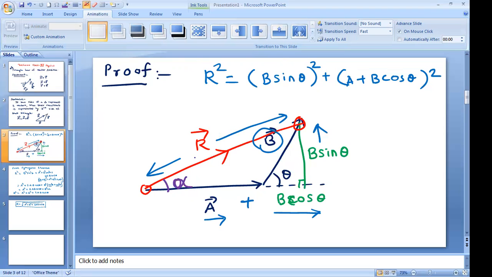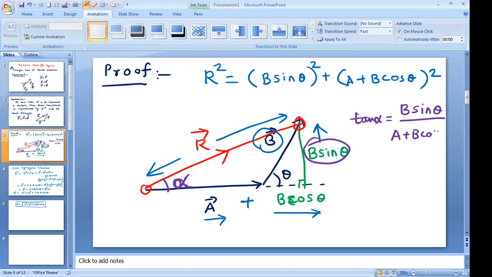Say vector R is making angle alpha with vector A. Then simply I can write tan alpha is equal to perpendicular B sine theta upon base, that is A plus B cos theta.